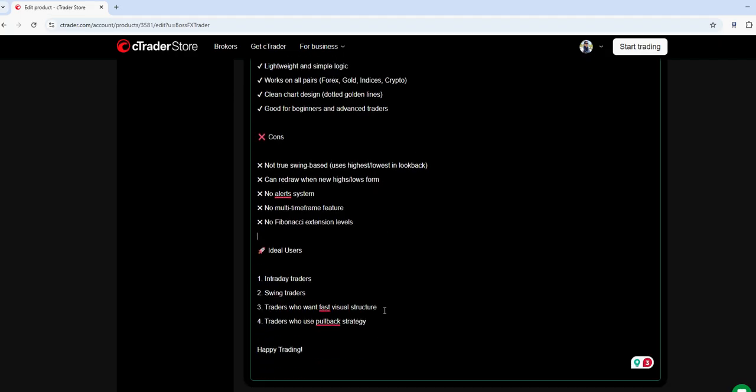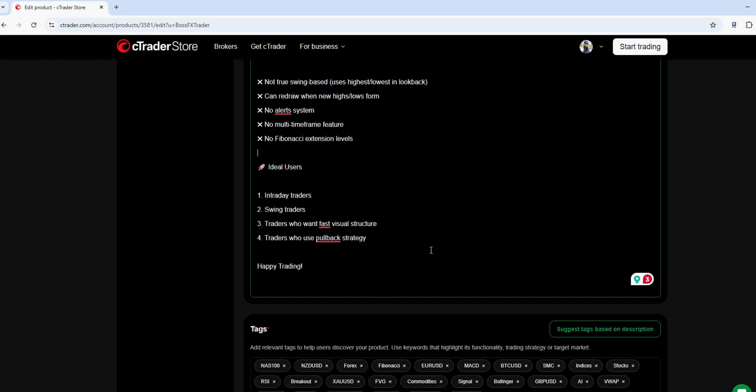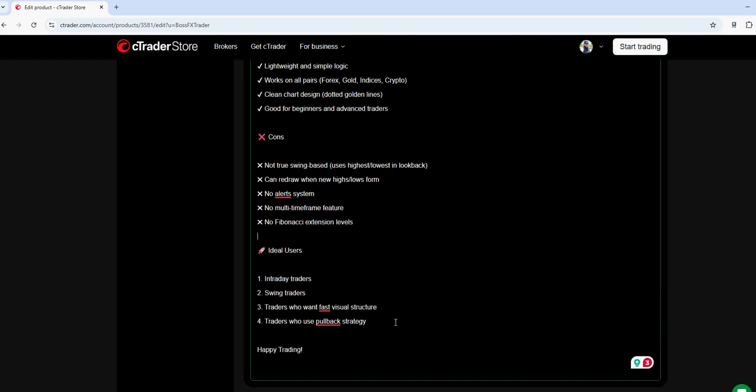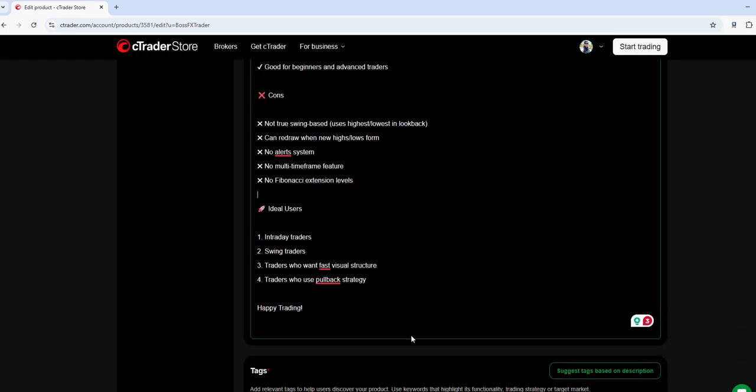So yeah, no Fibonacci extension levels. Okay, so the ideal users are intraday swing traders who want fast visual structure, and traders who use a pullback strategy. So it could be a retracement, a pullback, and retracement strategy.